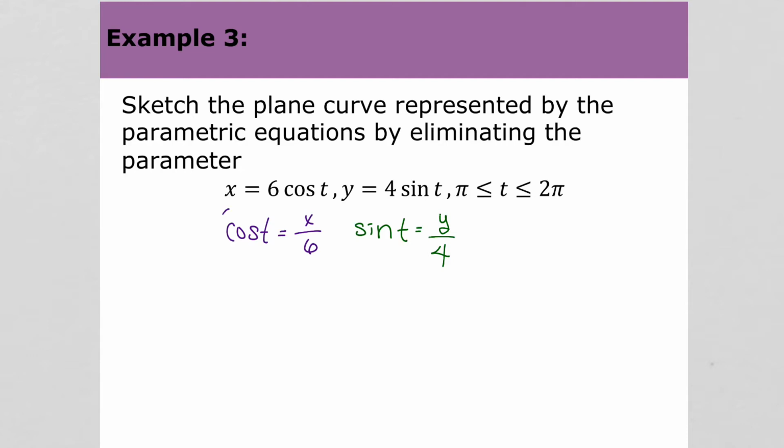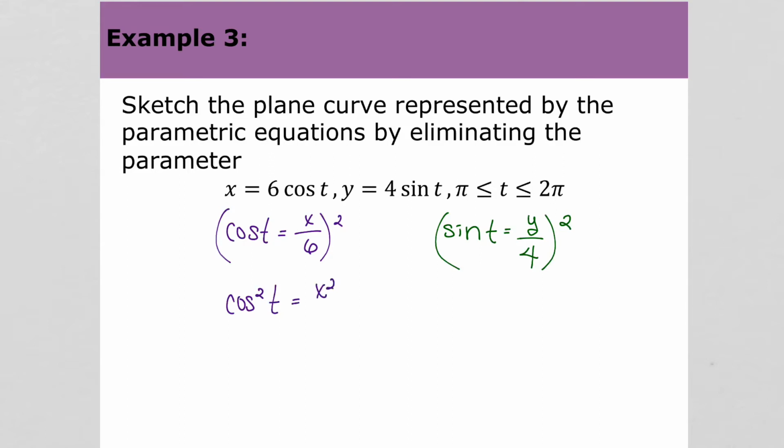Now if we go and square both of these, and let's separate that a bit. They're not being multiplied. Then that gives us cosine squared would be x squared over 36, and sine squared is y squared over 16.